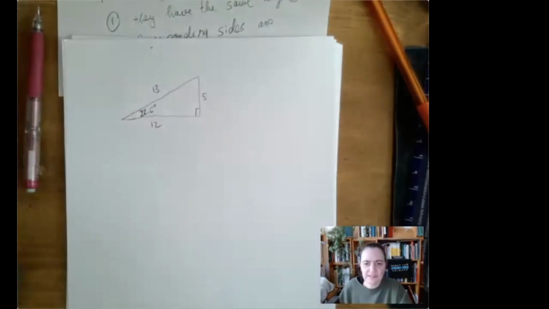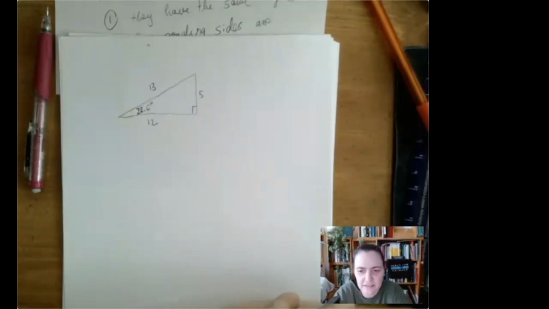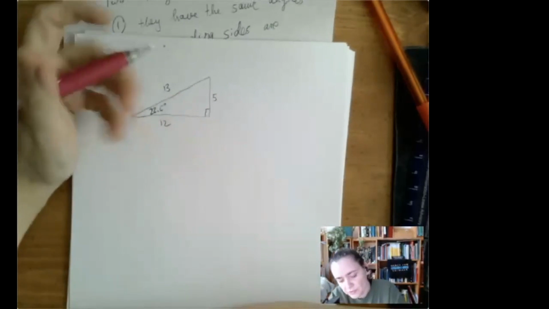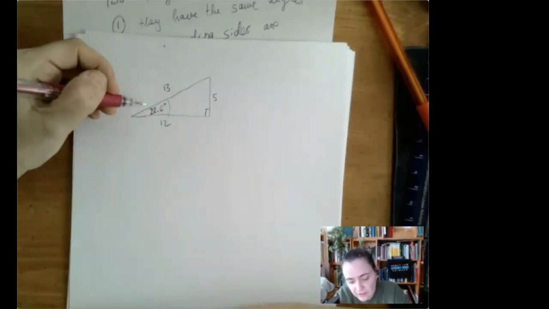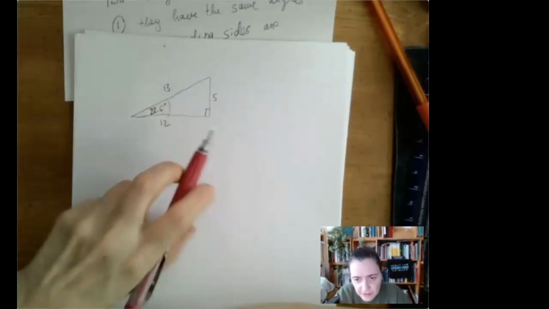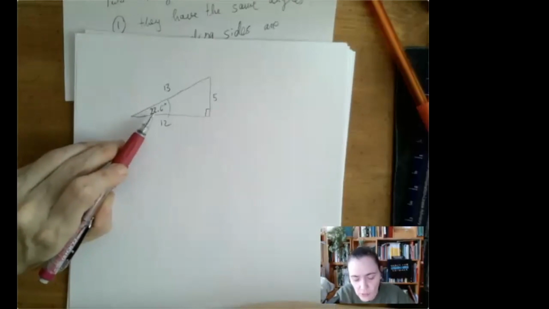In trigonometry, you will see that there is something sad that happens. If the sides are nice, the angles are terrible. If the angles are nice, the sides are terrible. Often they're both terrible. So you can't just win. But if you know one angle in a right triangle, you know all three angles, right? It's a right triangle. So we know that this angle is 90, and then this angle is 22.6.